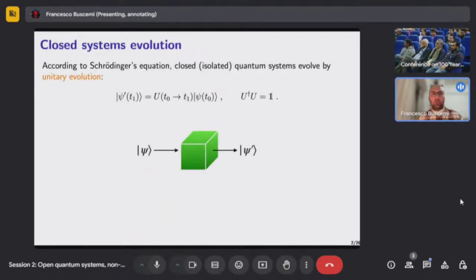So in order to understand how to model the evolution of an open quantum system, we should start from the evolution of a closed quantum system.